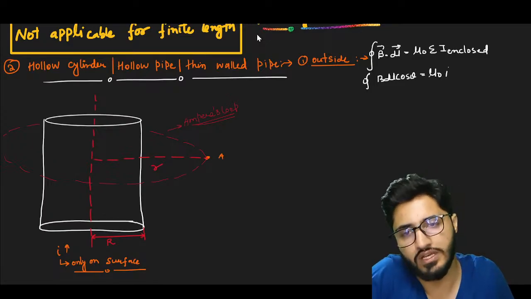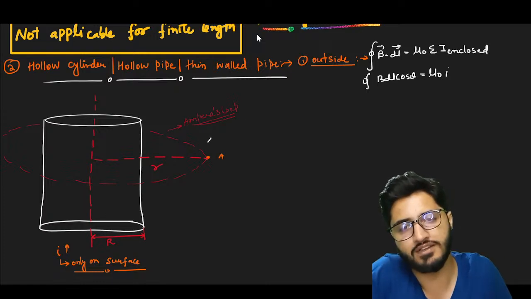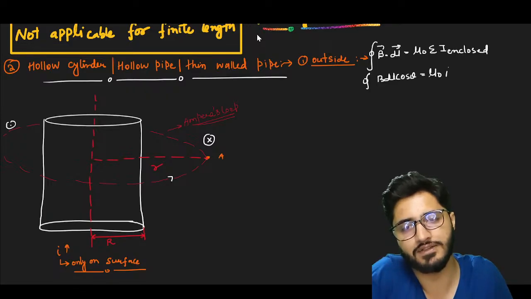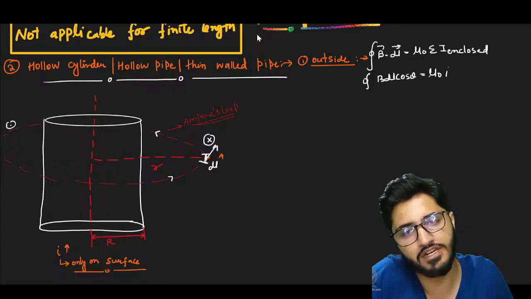If current is going upside, then the magnetic field is inside here and outside there, so I can write it like this, in the clockwise way. You can take a small element dl here. So dl will be in the same direction as B, so theta is also 0 degree here.